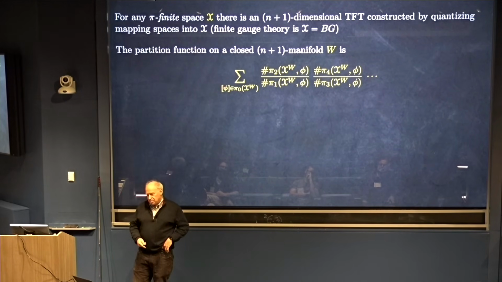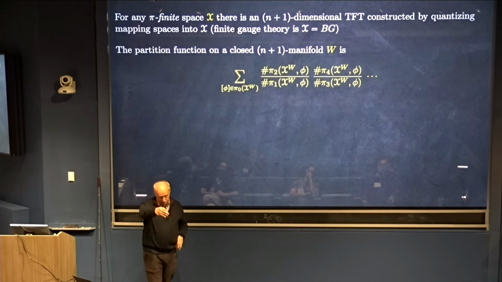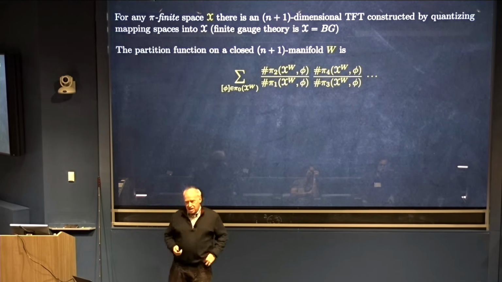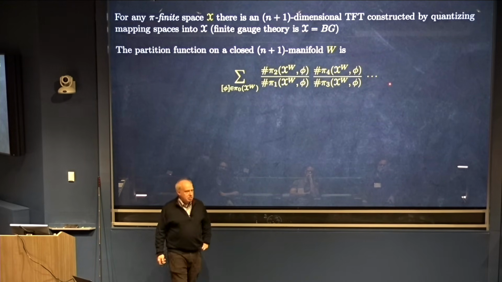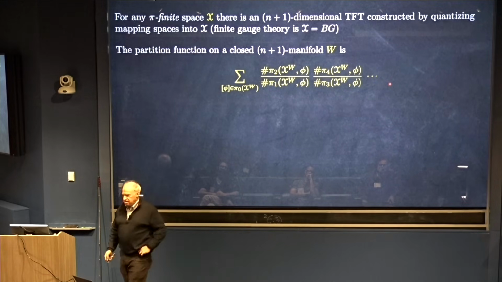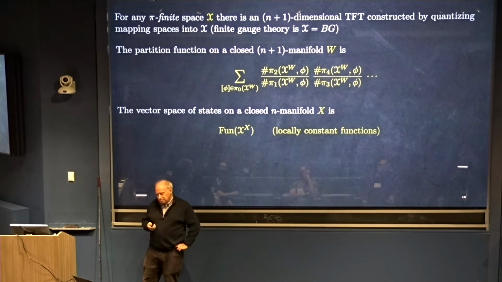So we count how many different path components of maps there are. But we have to count with weights to account for the higher homotopy groups. And this is where the pi finiteness comes in. We need that sum to be a finite sum, and we need each of these numbers in the product to be finite, and we need the product to also be finite. So pi finiteness is coming in to make that sensible.